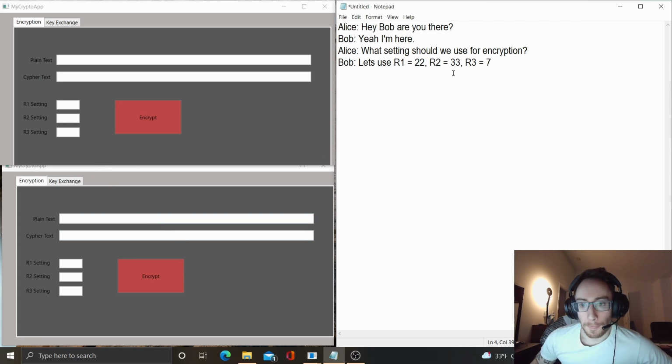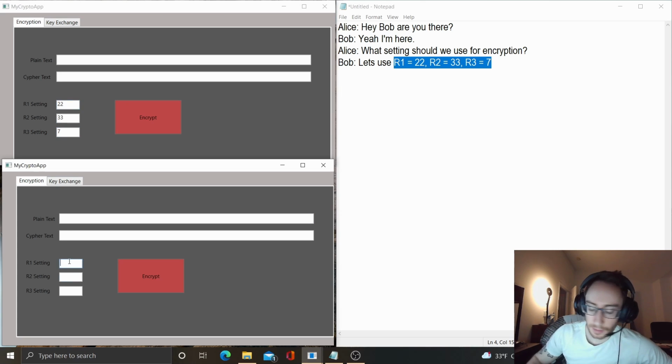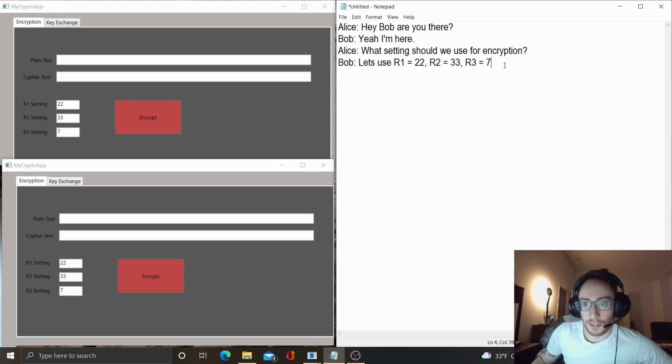Then both Alice and Bob would set their application to these settings by typing those values into the corresponding fields: 22, 33, and 7. And from here, all their messages that they exchange can be encrypted.